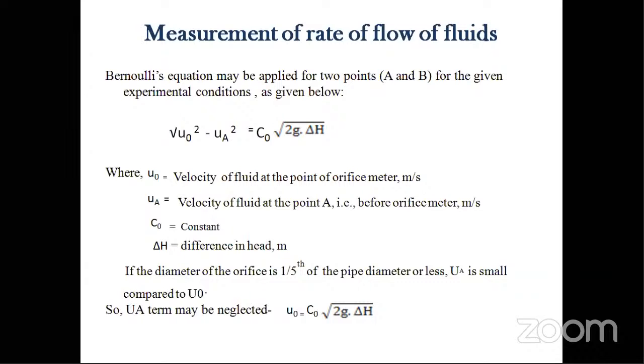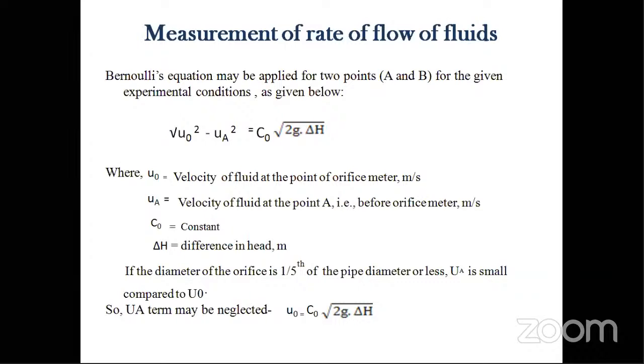So if the diameter of the orifice is 1/5 of the pipe diameter, what happens? The velocity of liquid at the point A is small compared to U0. It means the portion becomes narrower, 1/5 of the pipe diameter, so the orifice becomes more narrower. So what happens?